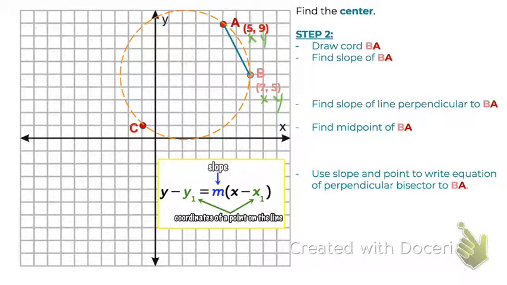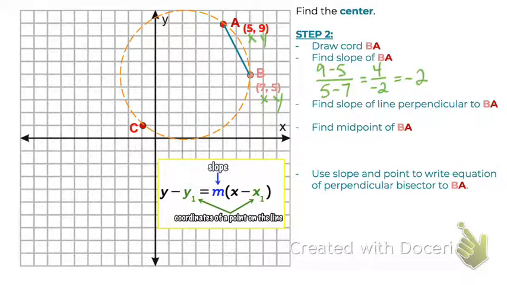Slope, remember, is the difference between your y's, so 9 minus 5, divided by the difference between my x's. So 9 minus 5 is 4. 2 minus 7 is negative 5. And 4 divided by negative 2 is negative 2. So that's the slope of BA.